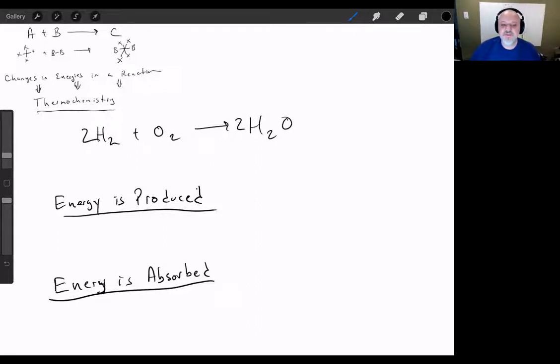When I say energy is produced or energy is absorbed, I'm talking about this idea that energy could be a reactant or energy could be a product. Which one is which, do you think? If energy is produced, is energy a reactant or is energy a product? Is it here or is it here? Which way is it?